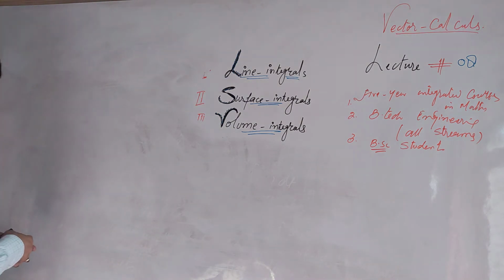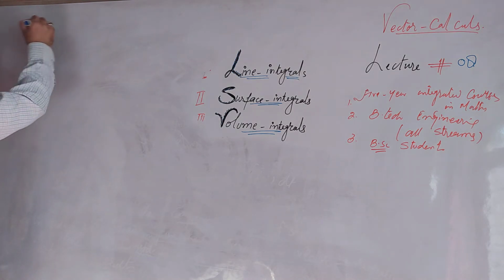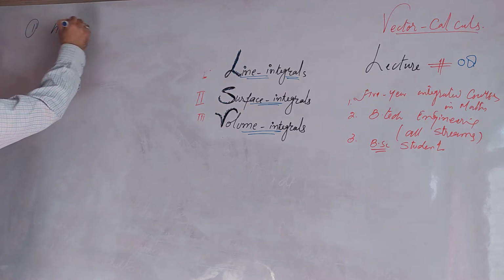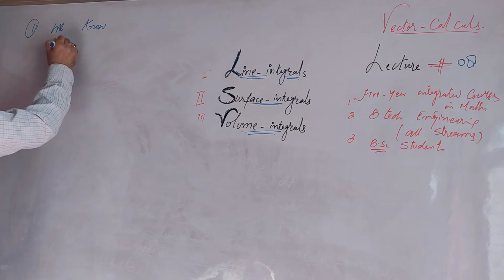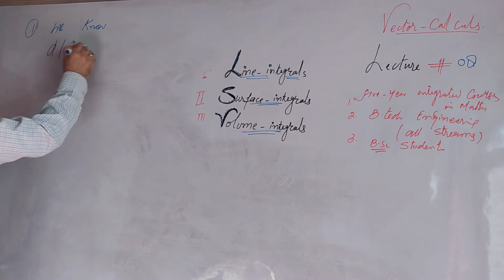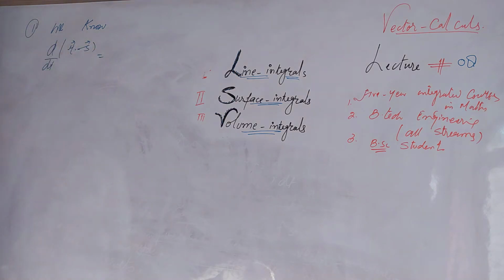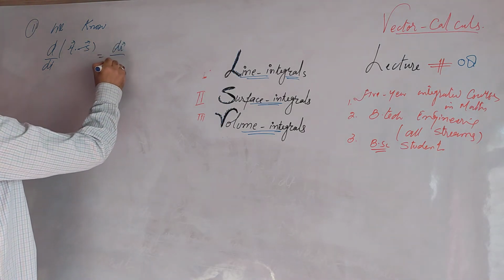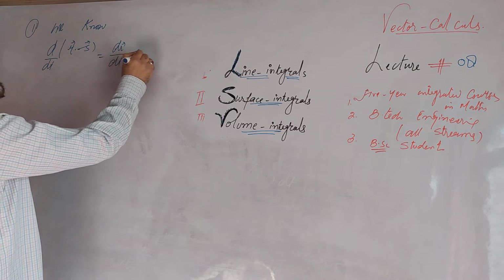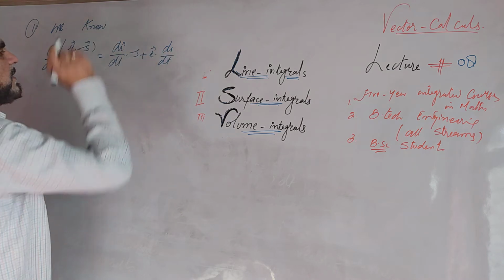Well, for that I will discuss point number 1. We know the differentiation of r dot s, two vectors, with respect to t. You write it as dr by dt dot s plus r dot ds by dt.